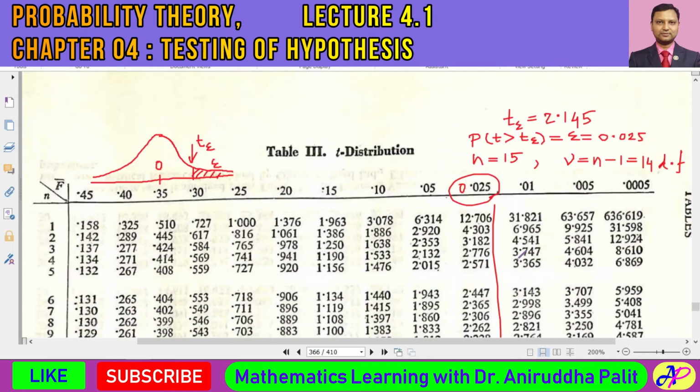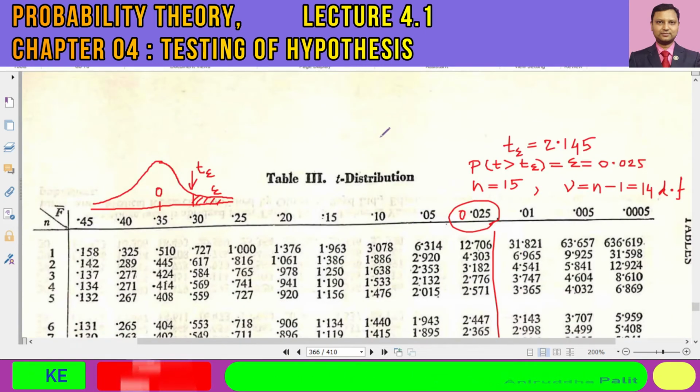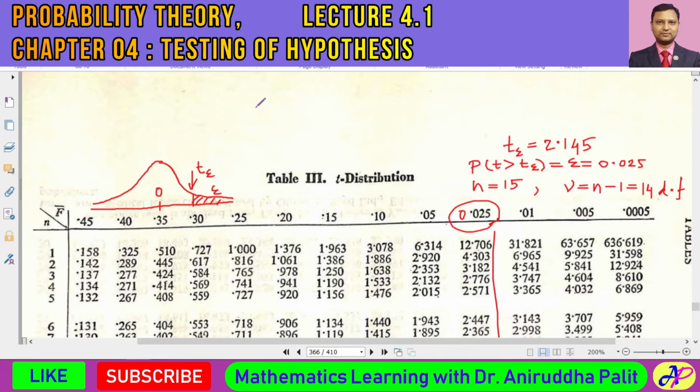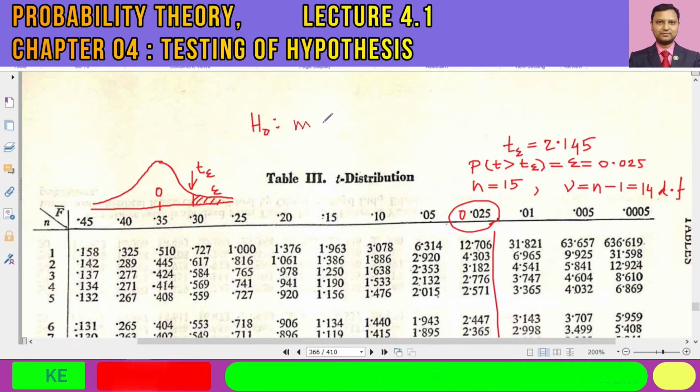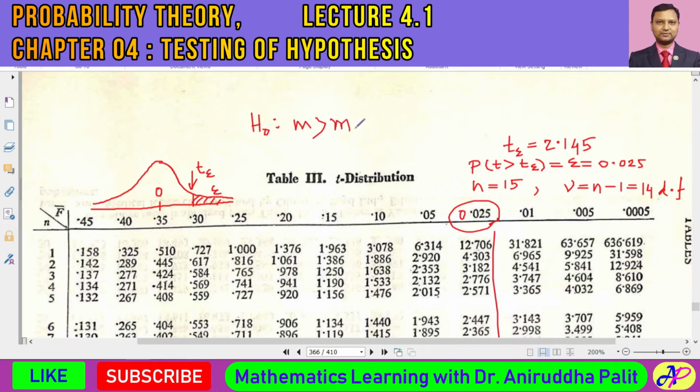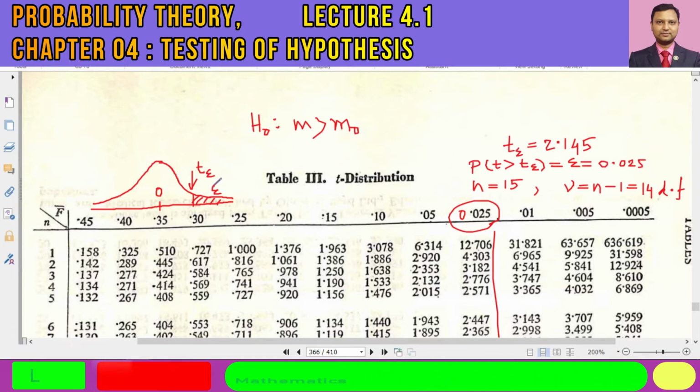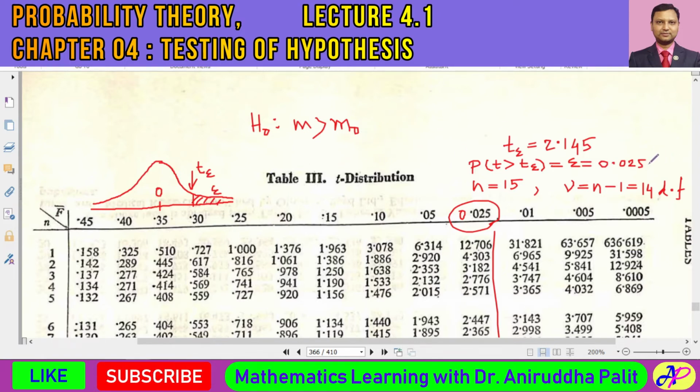Okay, now once you get the value of t epsilon, you can proceed depending upon the alternative hypothesis. In the previous case, you see what was the alternative hypothesis? This was the alternative hypothesis, m greater than m0. Due to this type of alternative hypothesis, the value of epsilon on the right hand side was taken as equal to 0.025.